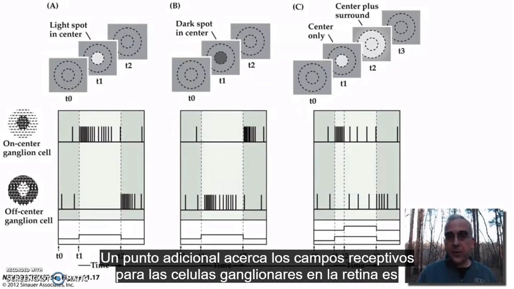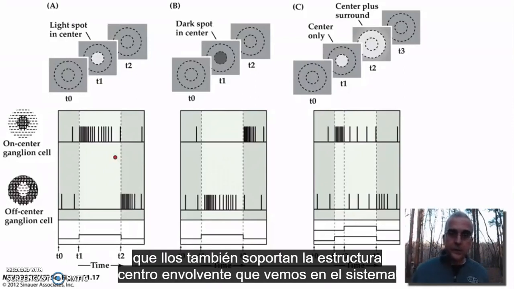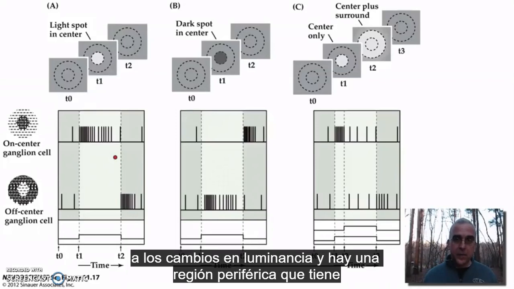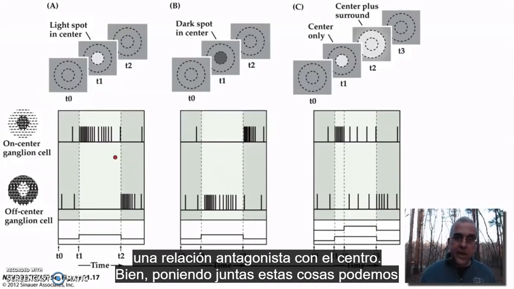One additional point about receptive fields for ganglion cells in the retina is that they also bear the center-surround structure that we saw in the somatic sensory system. That is, there is a central region that is especially sensitive to changes in luminance, and then there's a surrounding region that has an antagonistic relationship with the center.